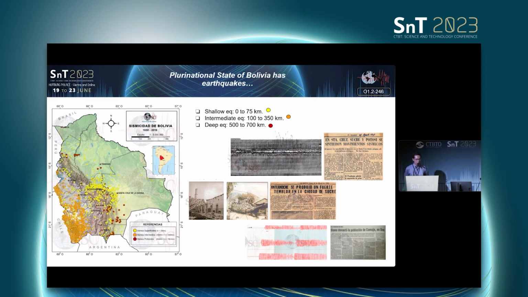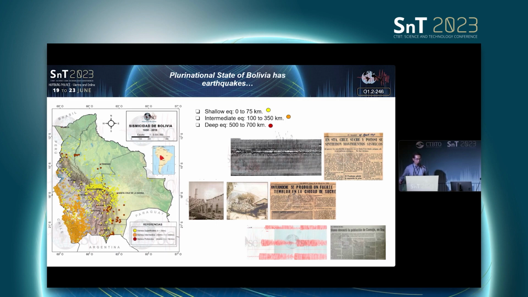We have shallow earthquakes with a depth from 0 to 75 kilometers, intermediate earthquakes from 100 to 350 kilometers, and deep earthquakes from 500 to 700 kilometers. As you can see in yellow, orange, and red, they are distributed along the country. We also have historical earthquakes that have destroyed our cities, with magnitudes above 4.